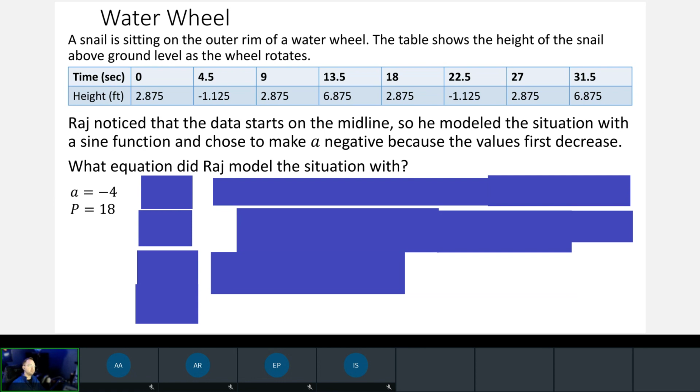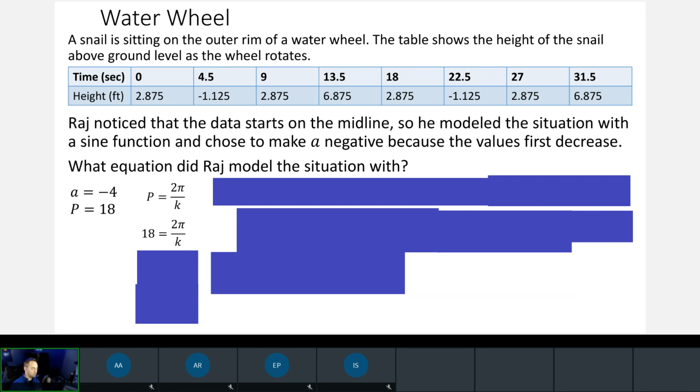How do I find K? We're going to use P equals 2 pi over K. Yep. So let's plug in, and we know what P is. P is 18, so we just set that up. Nice job, Jacob. If 18 equals 2 pi over K, and we're using 2 pi because it's sine.